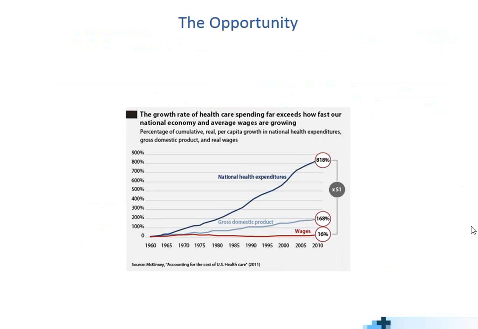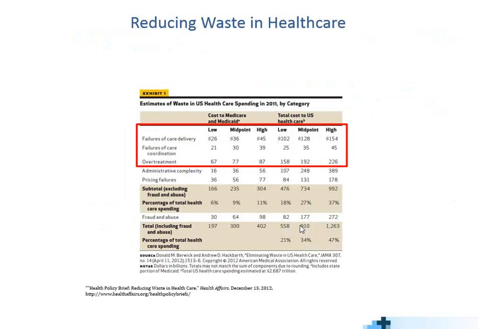So why is population health becoming more and more critical in healthcare? It goes without saying that there has been a tremendous increase in healthcare expenditures that have outpaced general GDP and wages.